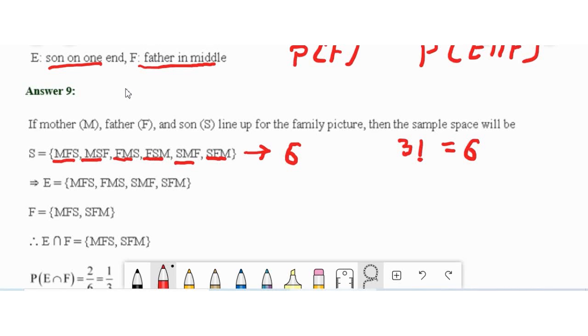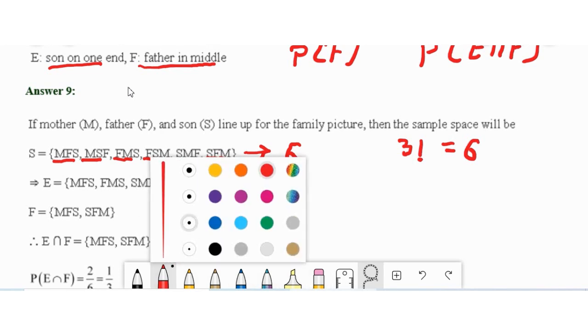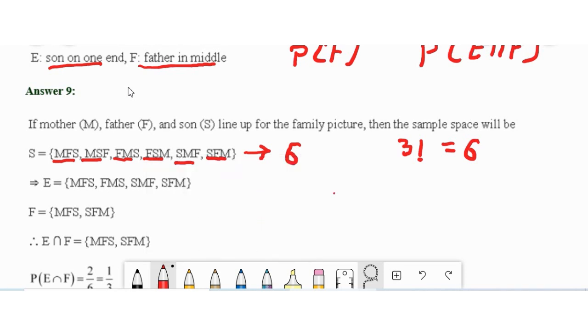Okay, now E is the event son is on one end. The meaning is simple. Son may be in the beginning, on the first place, or son may be on the last place. So you can see here, these are the possible outcomes.